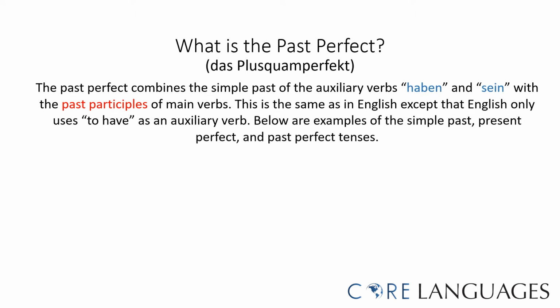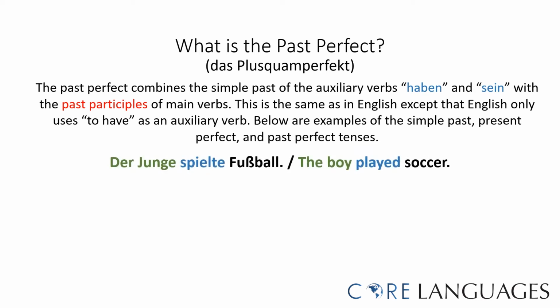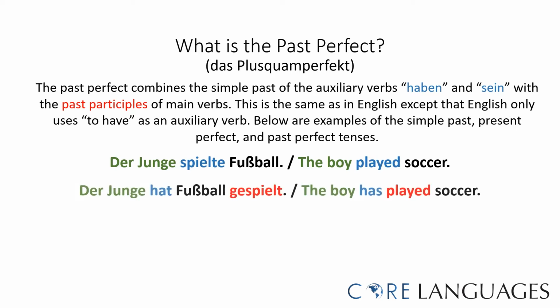Below are examples of one sentence in the simple past, and then that same sentence in the present perfect and the past perfect. Der Junge spielte Fußball. The boy played soccer. This sentence is in the simple past. Der Junge hat Fußball gespielt.